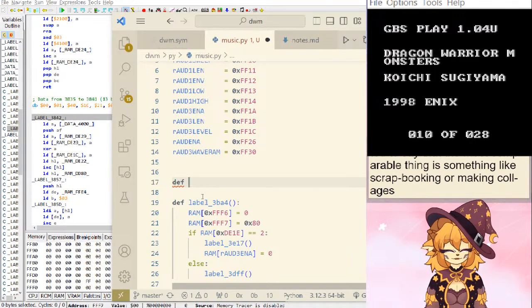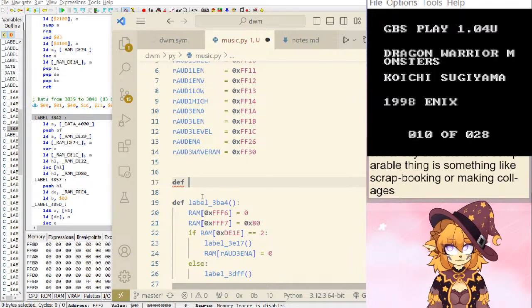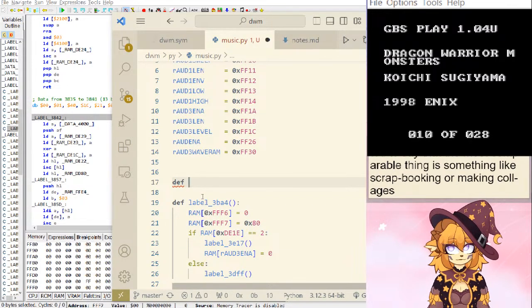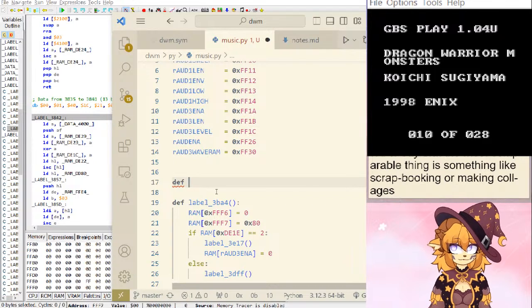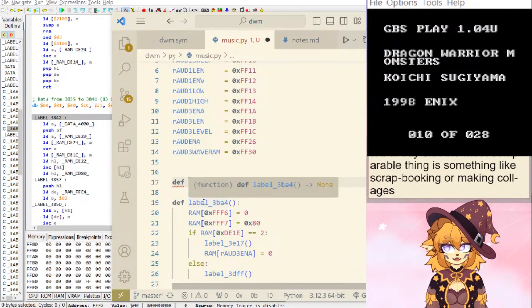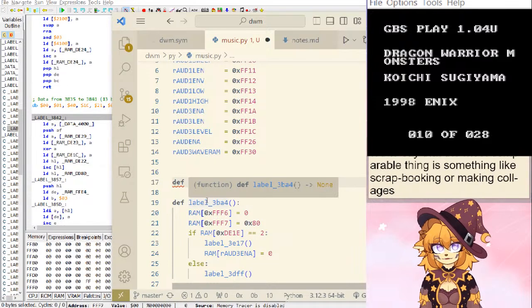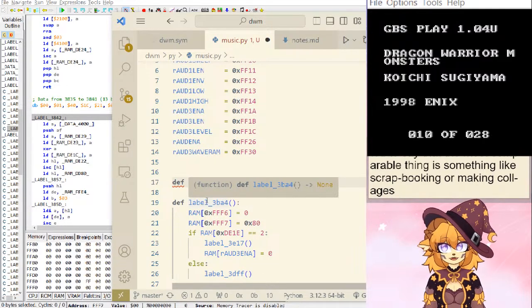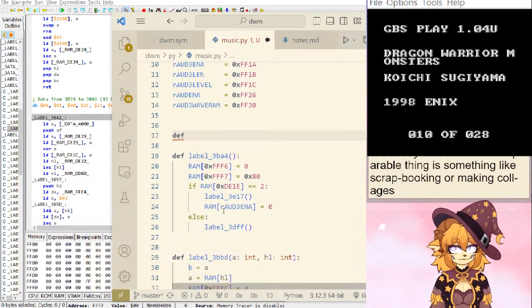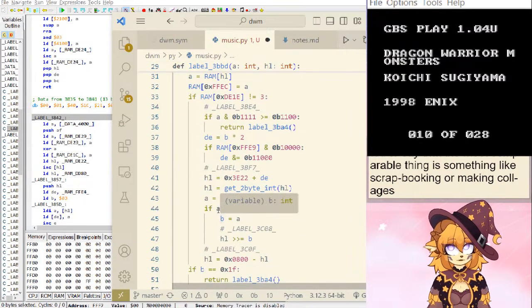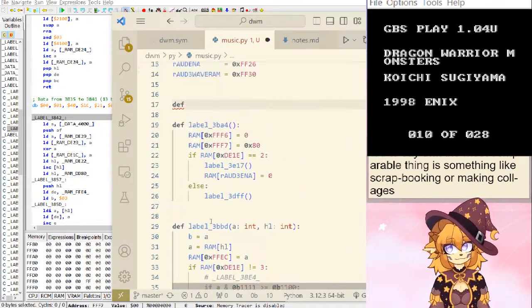We figured out a lot of different assignments, so it's just a matter of seeing how the raw song data is put into some of these locations. So we don't have that information yet.